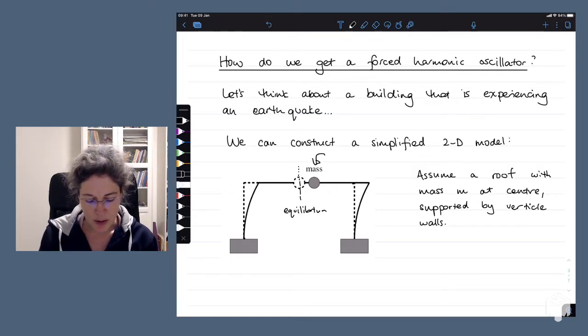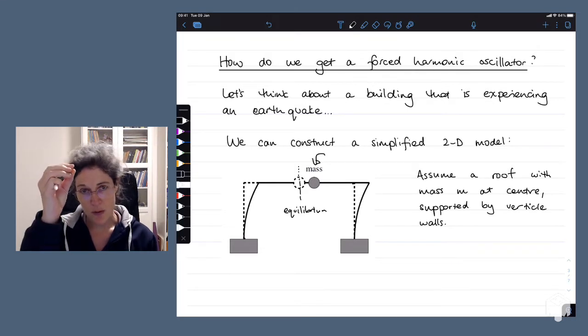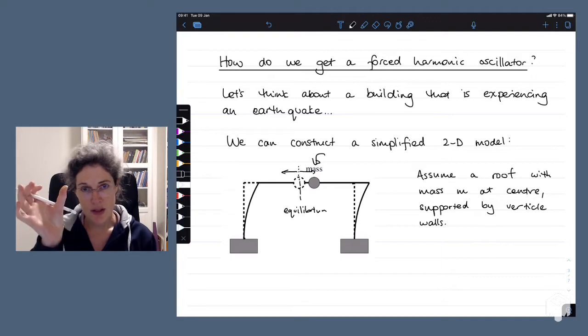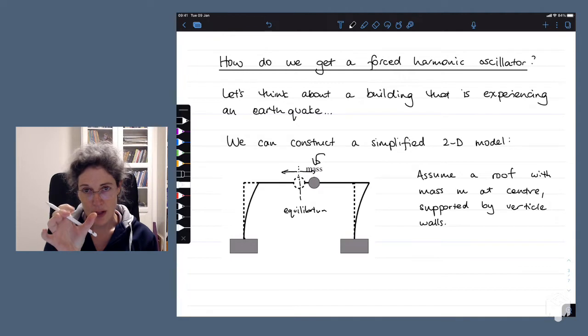So we're going to be looking at what happens as the mass of our roof moves from side to side. So we're looking at displacement from the equilibrium. And you can imagine, if there's a sudden judder of the earth, then the building's going to sway a bit.